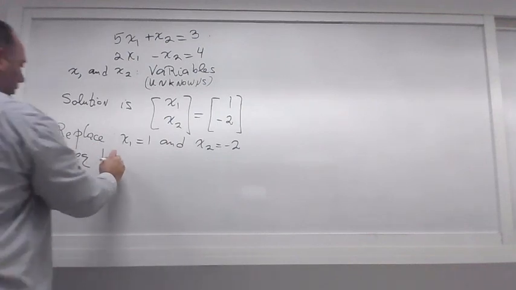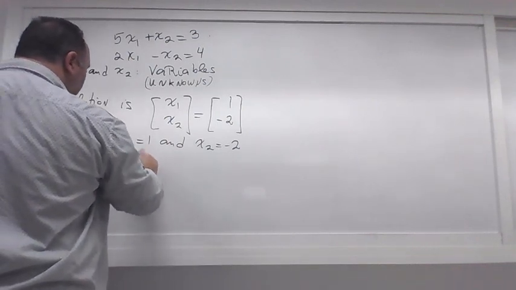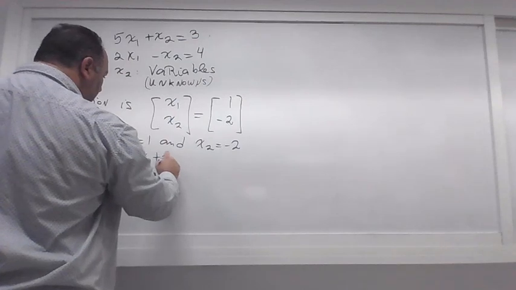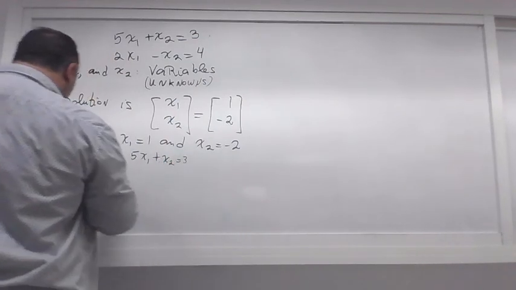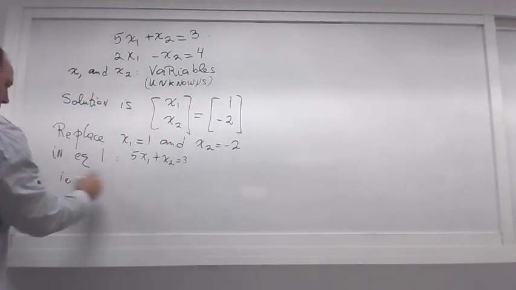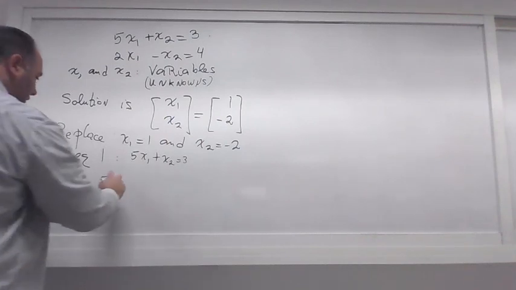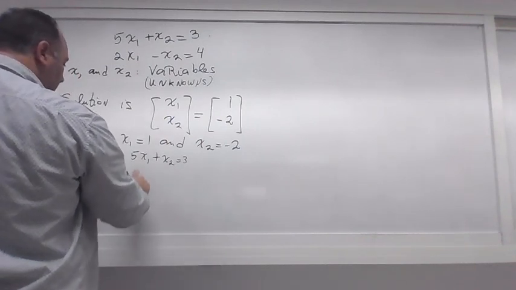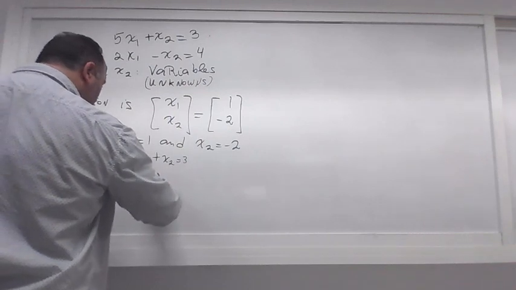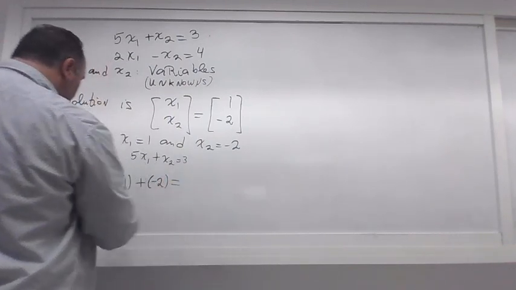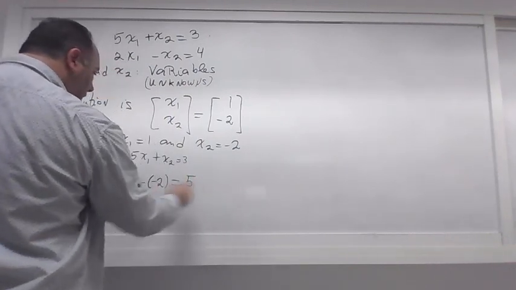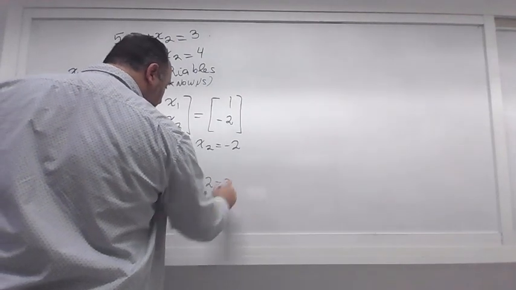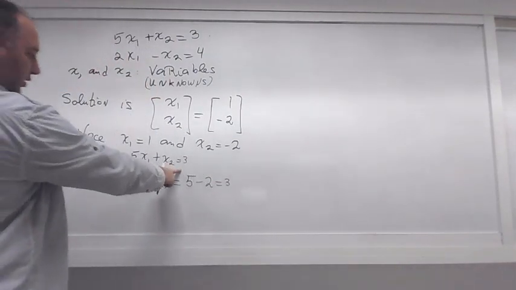Equation 1 is 5x1 plus x2 equal 3. So I do 5 times 1 plus x2, which is minus 2. This is equal to 5 minus 2, which is equal to 3. It satisfies the first equation.